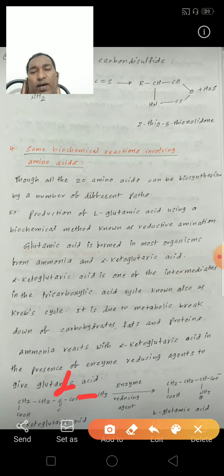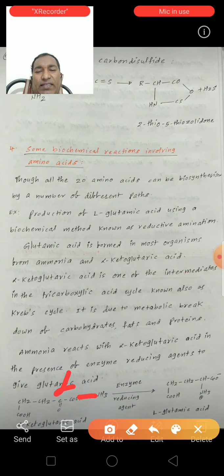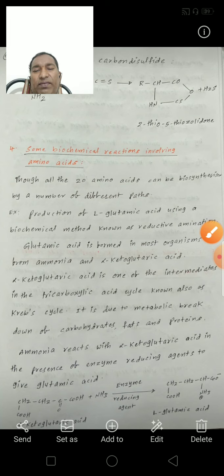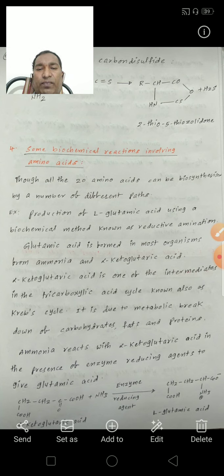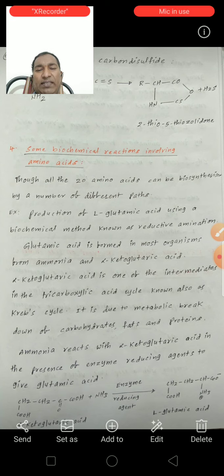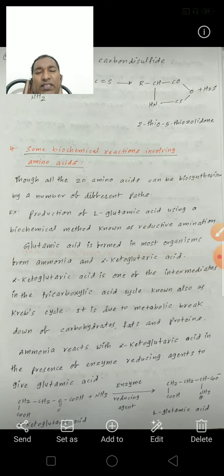So alpha ketoglutaric acid reacts with ammonia in the presence of an enzyme, here a reducing enzyme, and L-glutamic acid will form. COOH, CH2, CH2, CH, NH3 plus group.